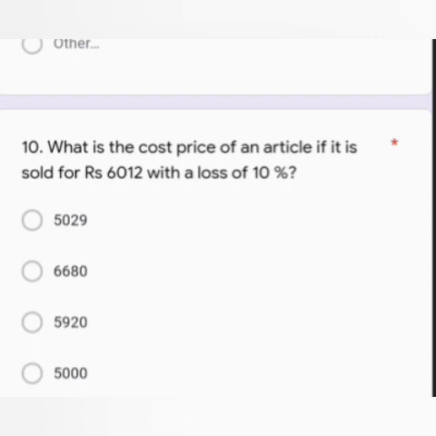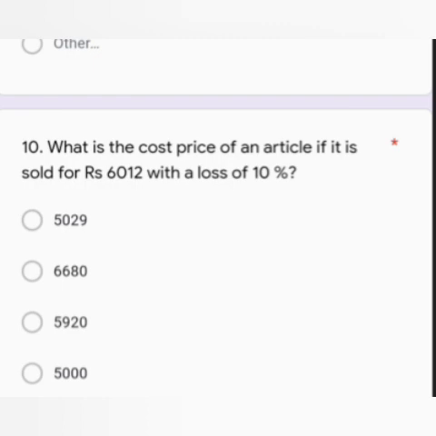So see children, do not make any mistake while doing these questions. What is the CP of an article if it is sold at rupees 6012 with a loss of 10%? Children, here you have to take care for what is given, because their SP is given and loss is given in percent. Okay. First, try to understand how to find the loss.